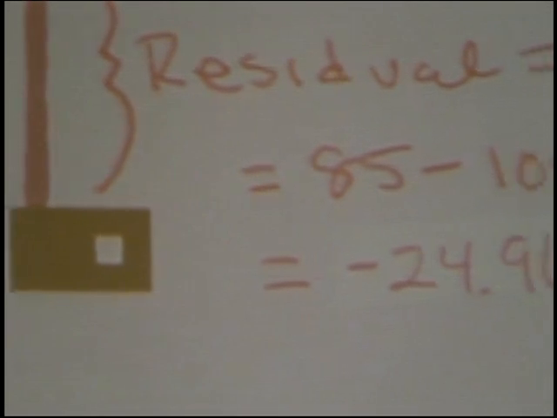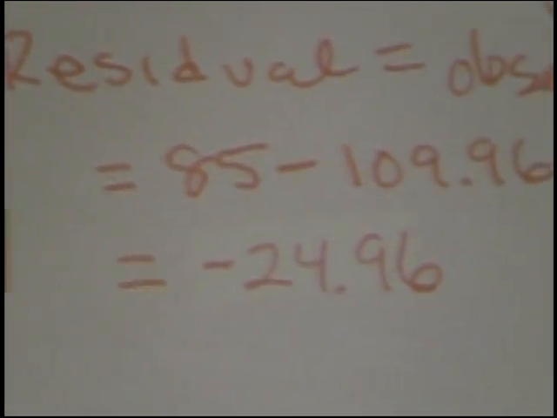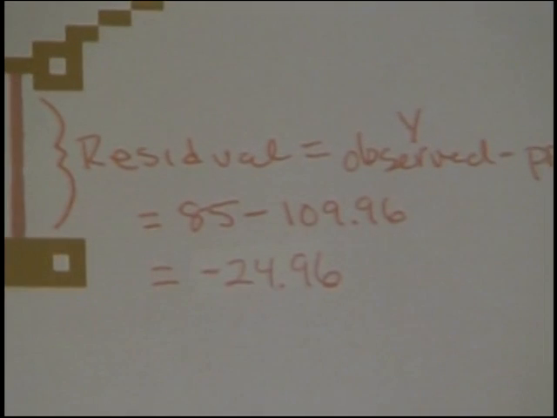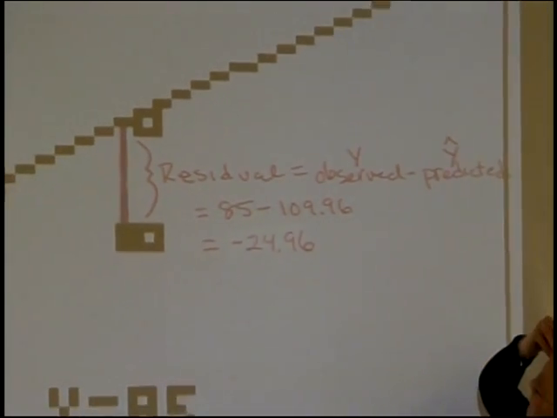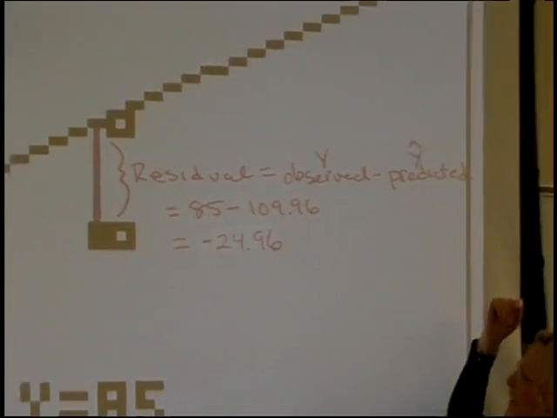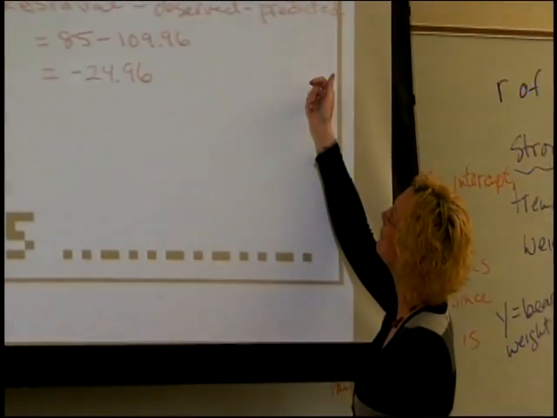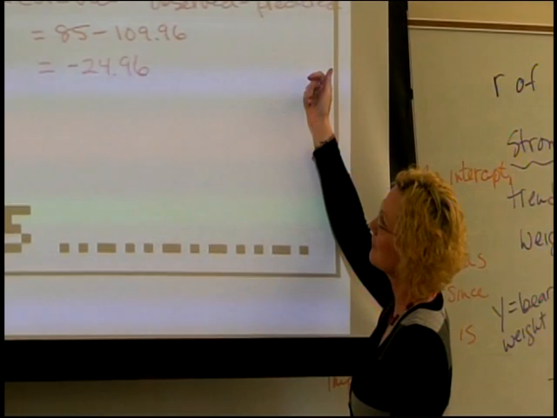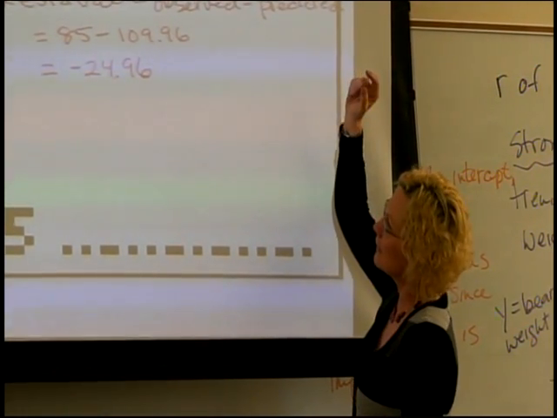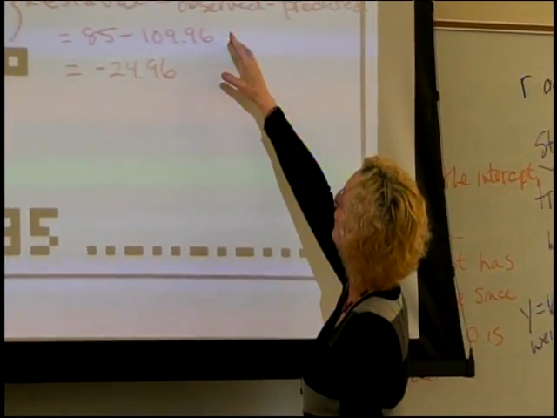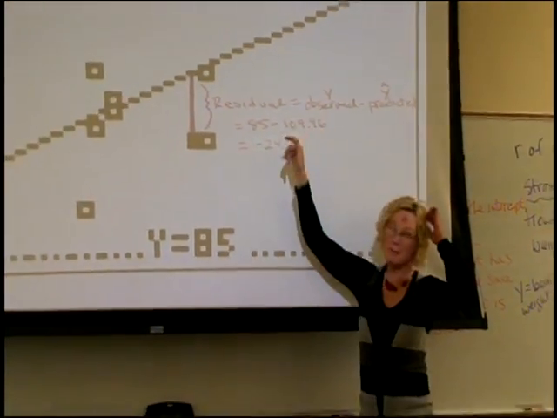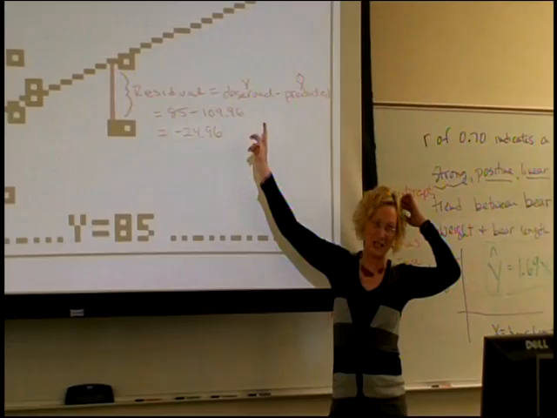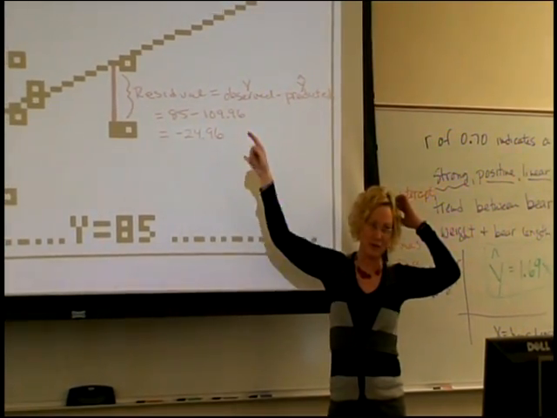So for example, let me gather my thoughts. In our data set, you know what? Let me show you how to graph the line, and then this will make more sense. Is that all right?